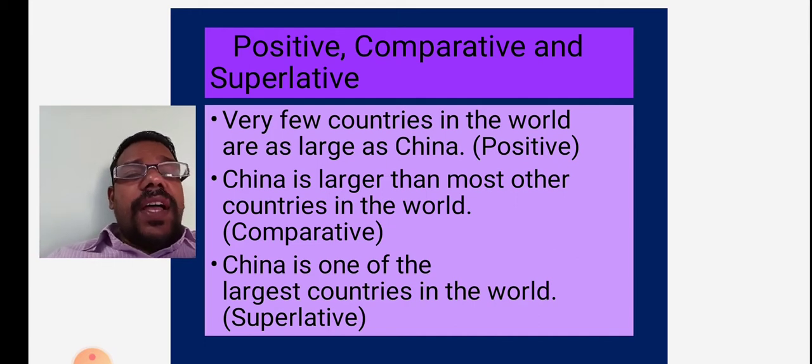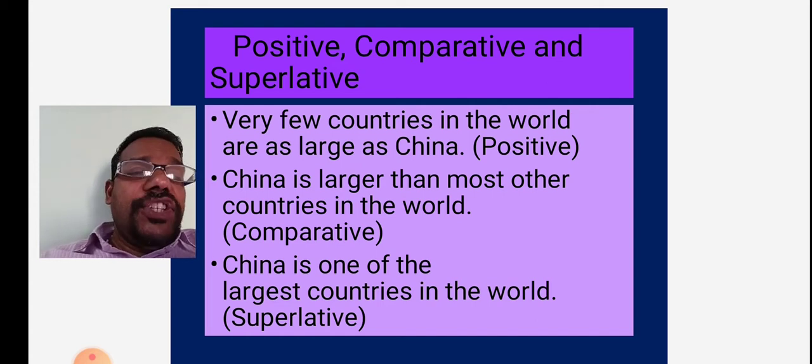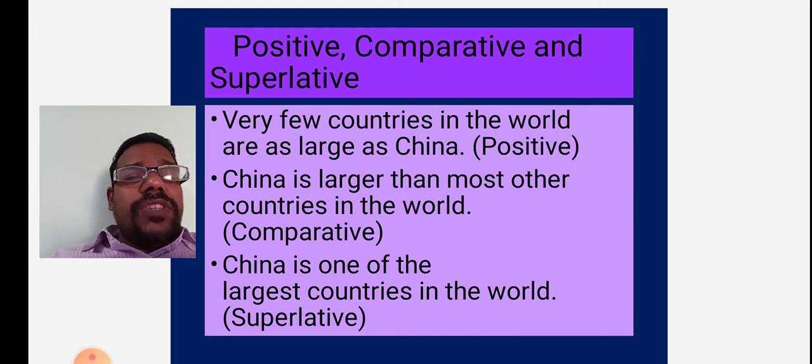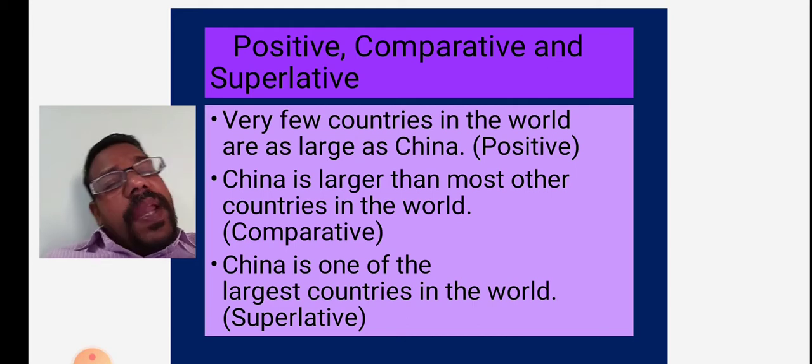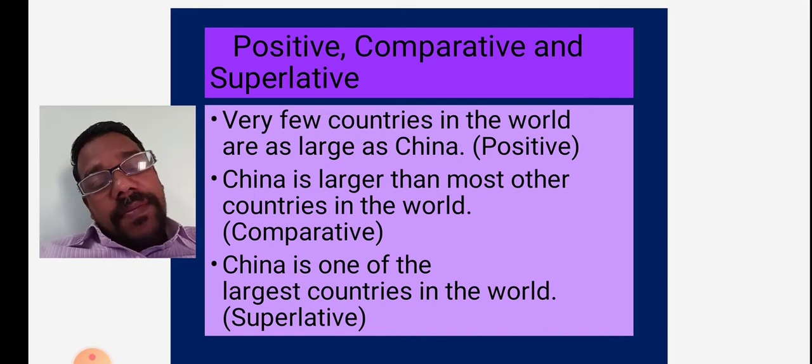Large is the adjective used here, so we use larger. Very few countries we have changed into many other countries. But still the sentence meaning remains the same.